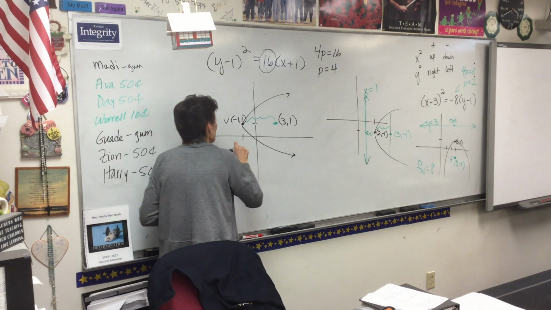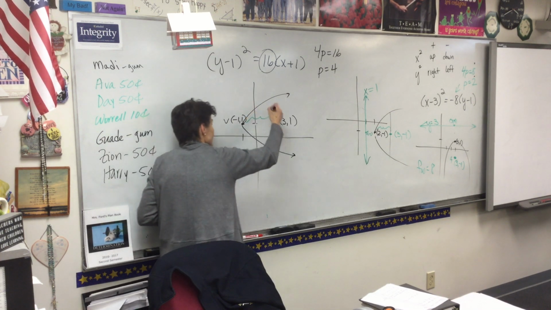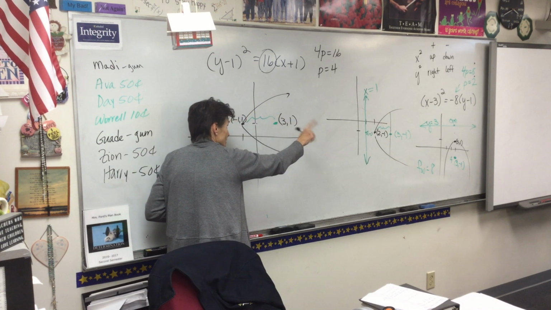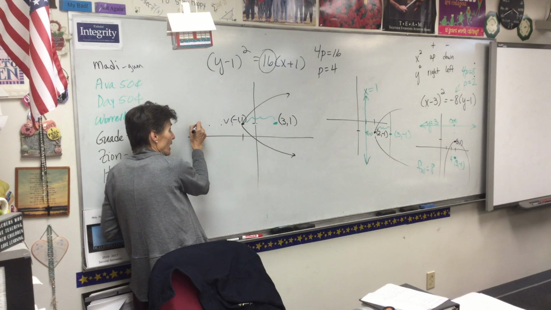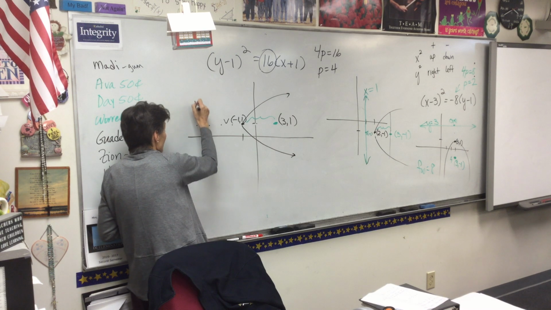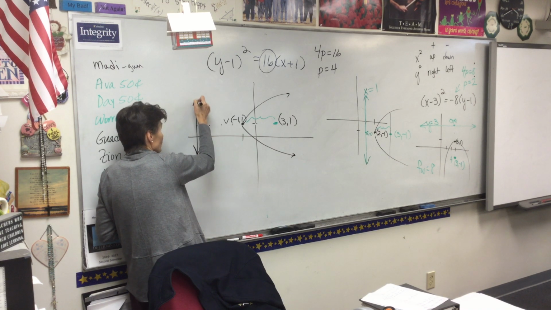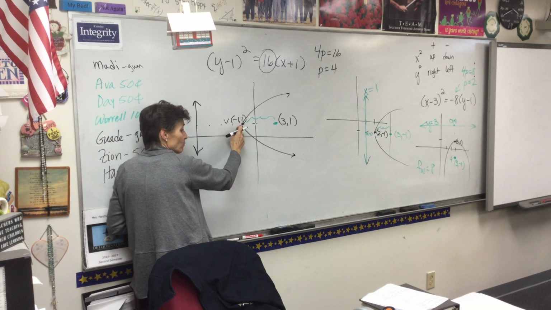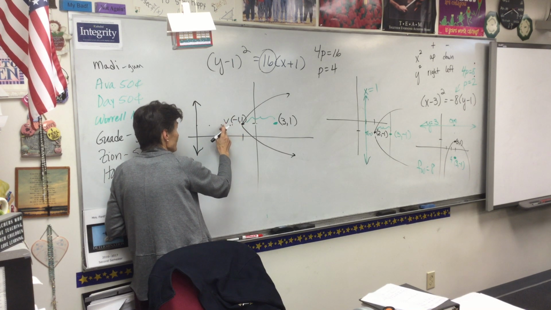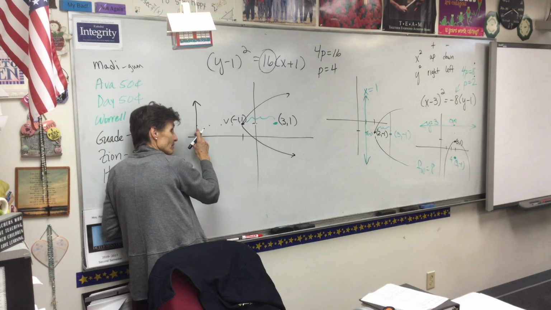Now if we counted 4 blocks to the right for the focus, we're going to count 1, 2, 3, 4 blocks to the left, right? And that is going to be my directrix, which is going to be where? We started at -1, -2, -3, -4, -5.